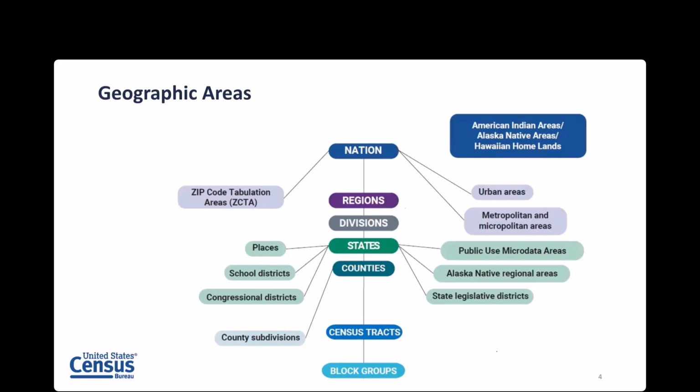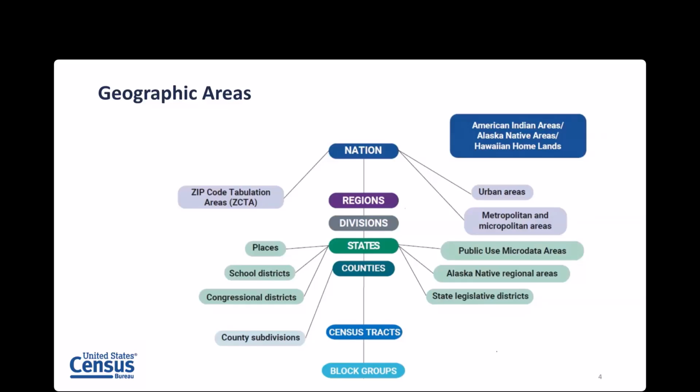groups. So this particular image that I'm showing here shows the different geographic areas, or some of the most common ones that are covered by the ACS, and the relationships between them. So anywhere you see a lower level geography connected to a higher level geography by a direct line, that means that that area nests or fits neatly within the higher level geography.